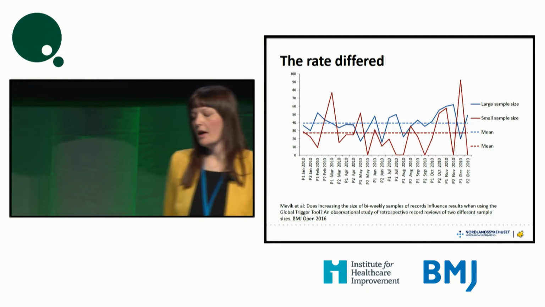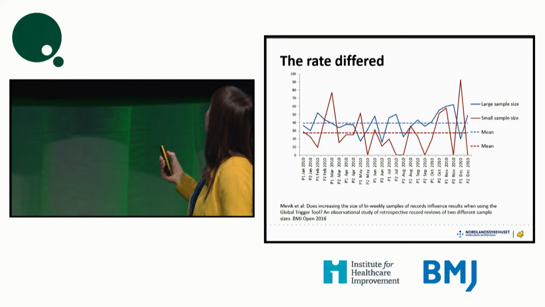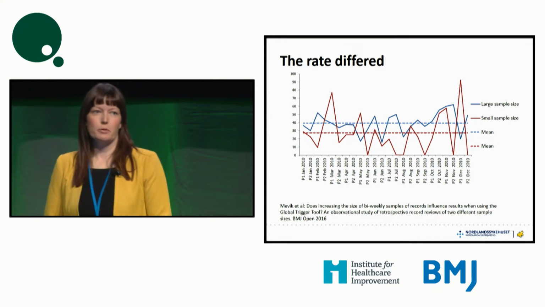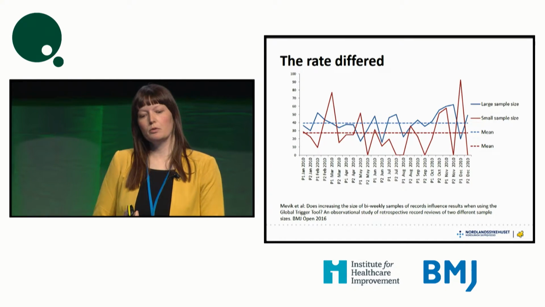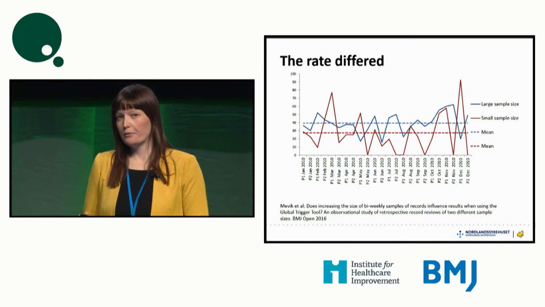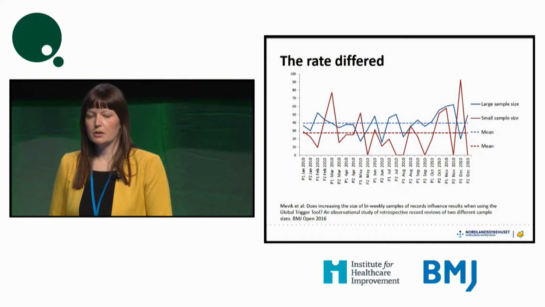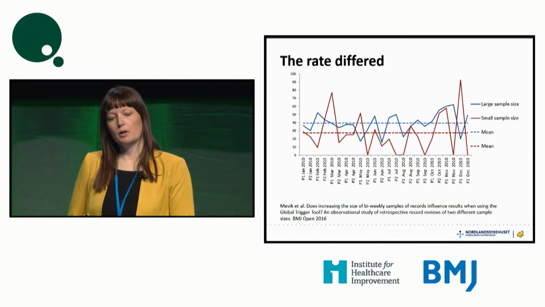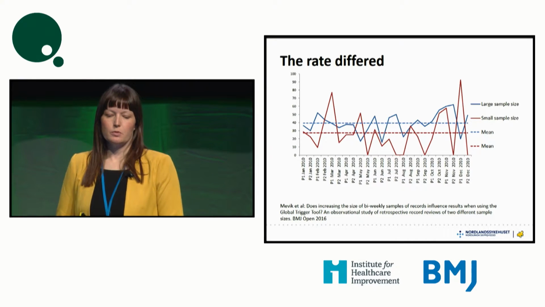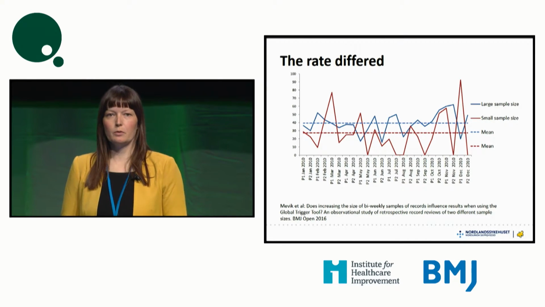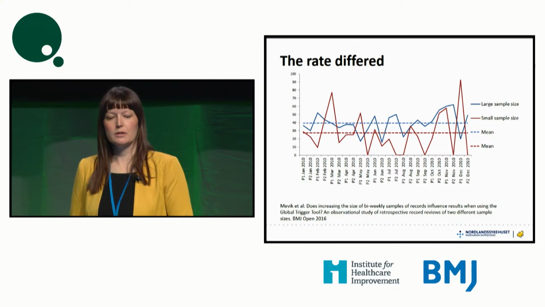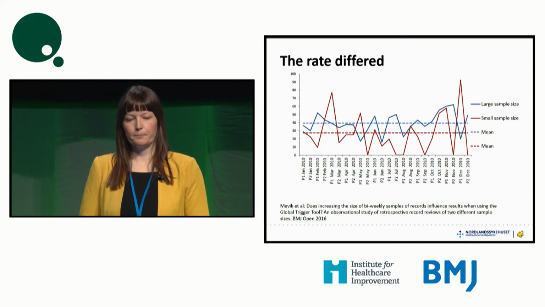So this is the mean number of adverse events per 1,000 patient days. In the large sample size, which is the blue, it was approximately 40 adverse events per 1,000 patient days. And in the small sample, which is the red dot, it was 27 adverse events per 1,000 patient days. So we found a different level of adverse events in the different sample sizes.